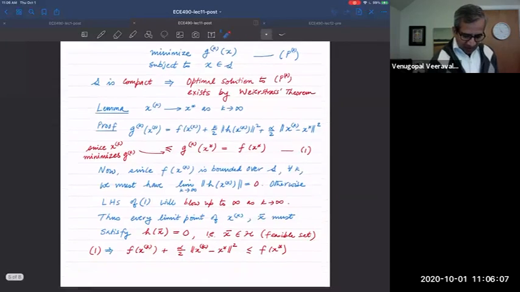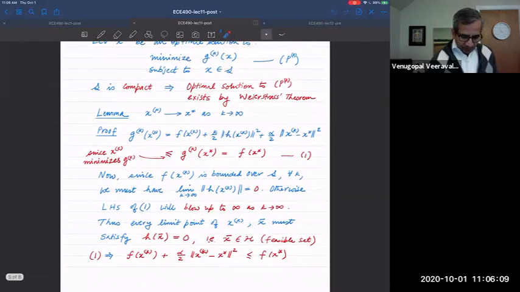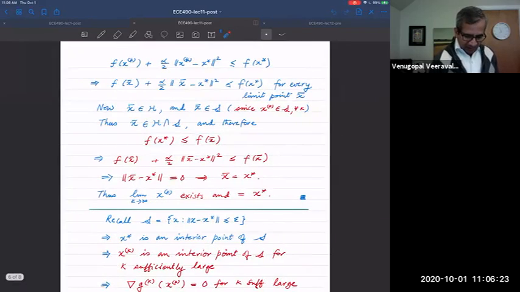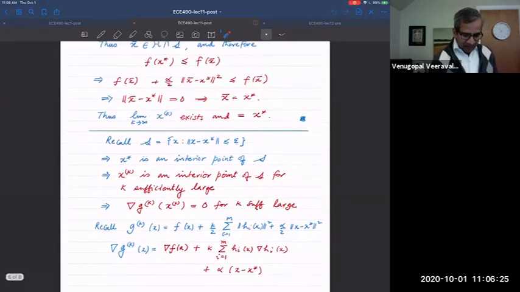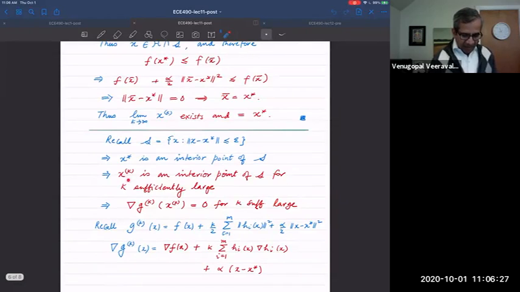So that's exactly what we exploited. We first established that the solution to this constrained optimization problem goes to x star as k goes to infinity, and then said that for large enough k, x_k has to be an interior point of S because x star is an interior point of S. That was the key idea.